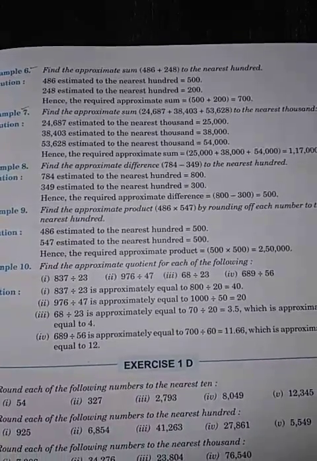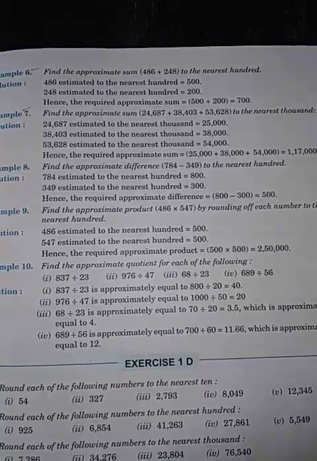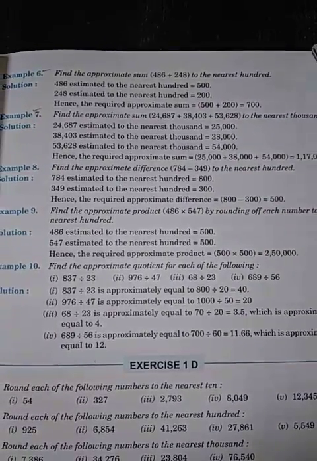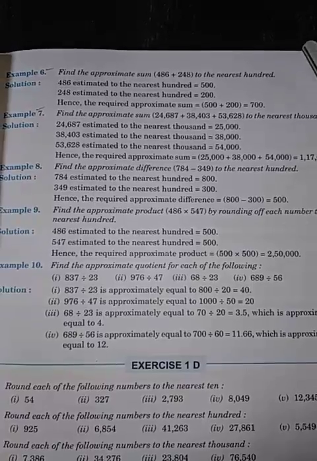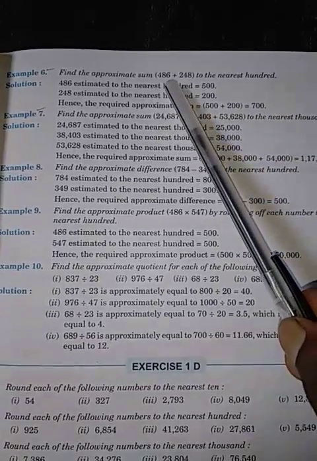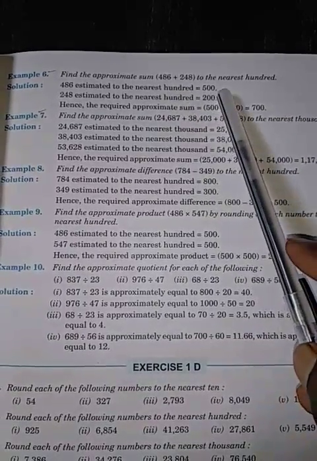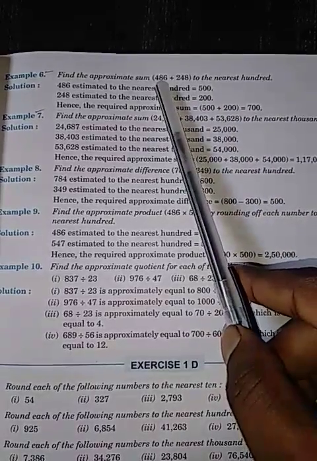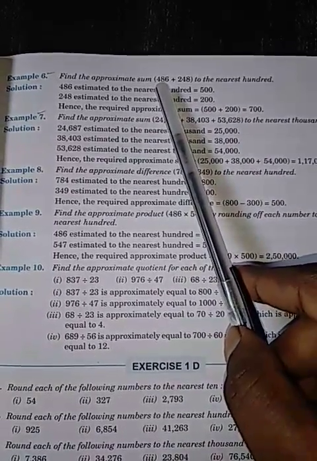Find the approximate sum 486 plus 248 to the nearest 100. 486 is rounded off to 500, since its 10's place digit is more than 5, that is 8.